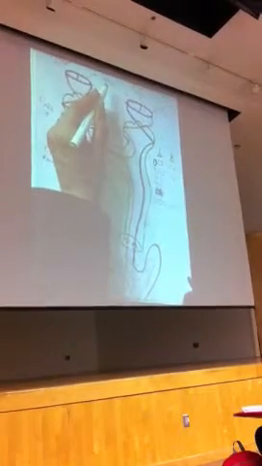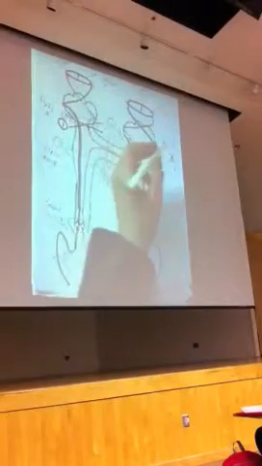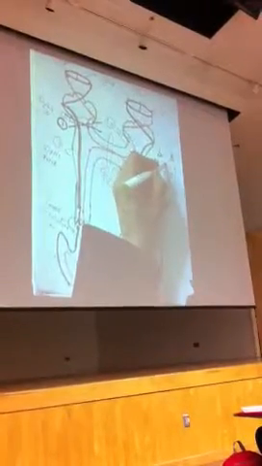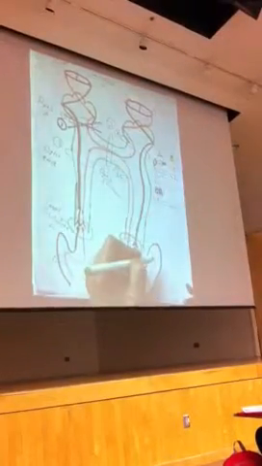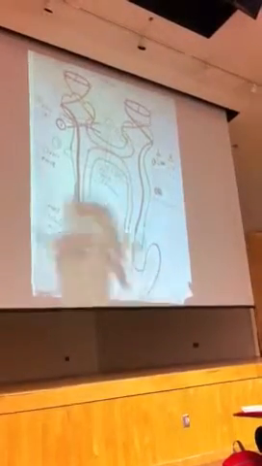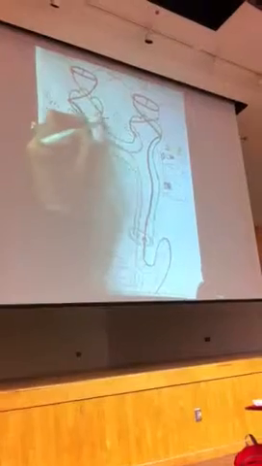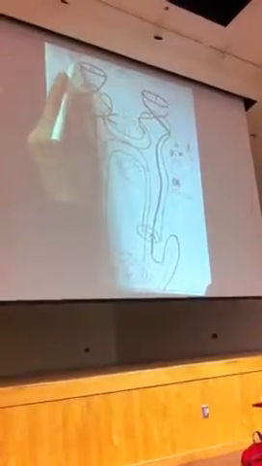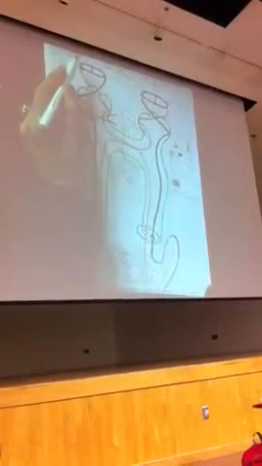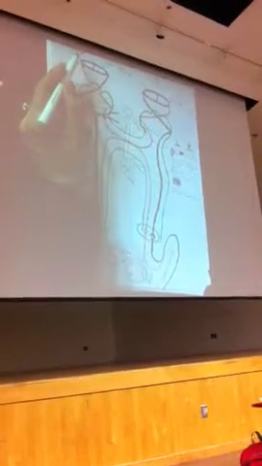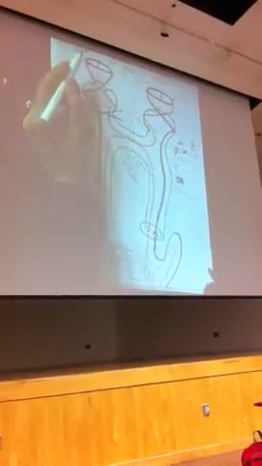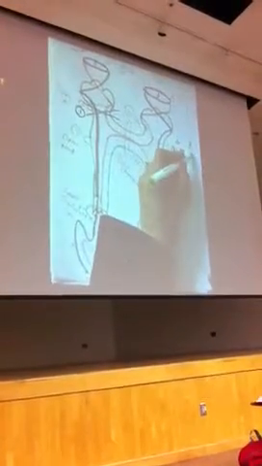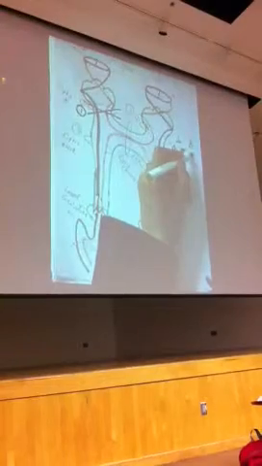Left nasal field. It means that the patient will have vision problem on the left nasal field. What else? This optic nerve takes the information from left temporal field, right? Left temporal field. It means we have alteration of this part of right eye.